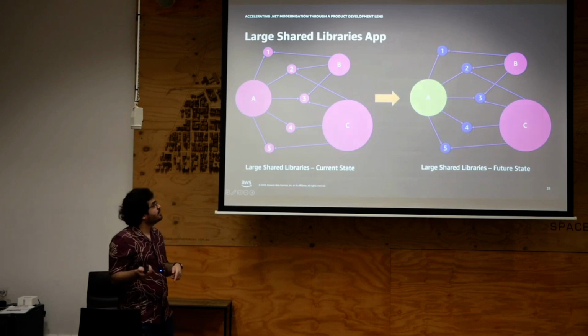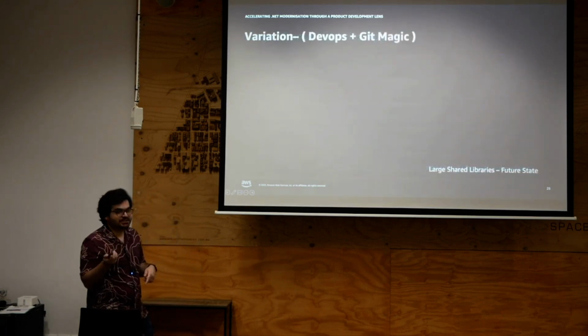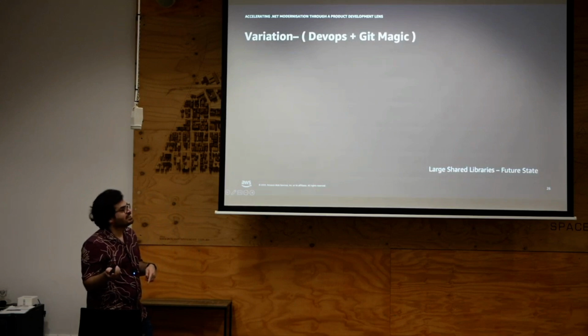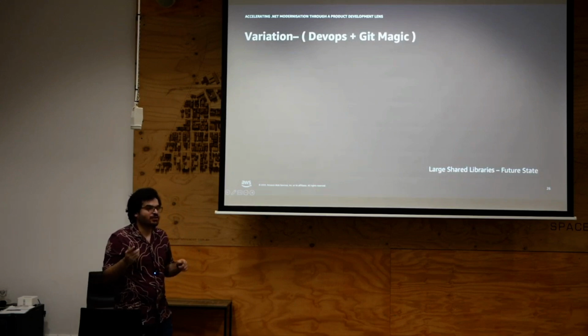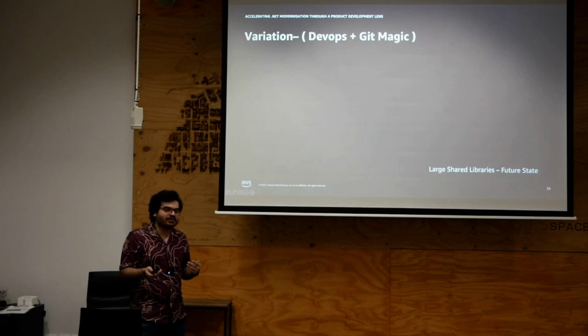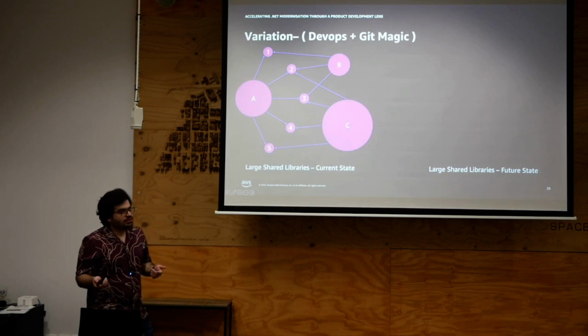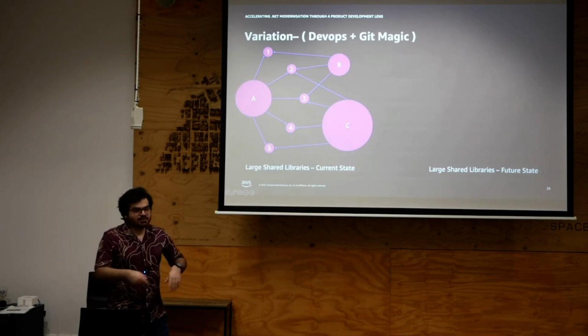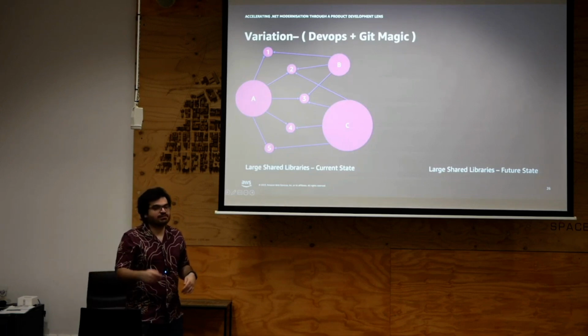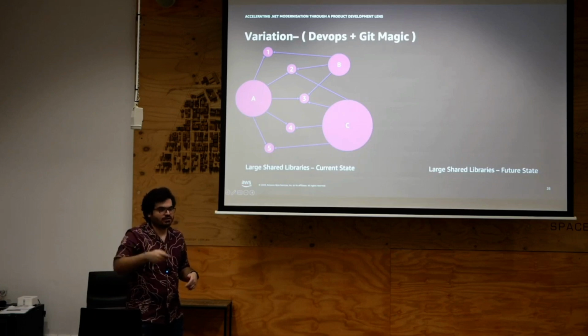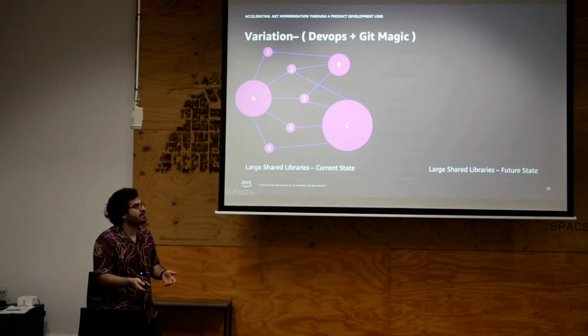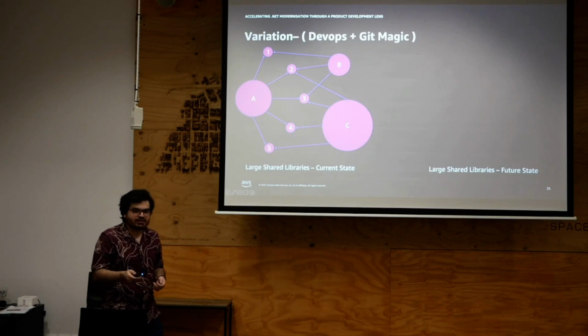Now, for all of the DevOps fanboys in the room, there is a variation to this as well. Generally, you can use some Git magic if you go down the pathway where you've decided to break the framework apart first. So what you would do is you NuGetify these packages in your personal Git. So instead of talking to the NuGet org, you have these custom packages hosted in your organization, and you switch on Git tags.